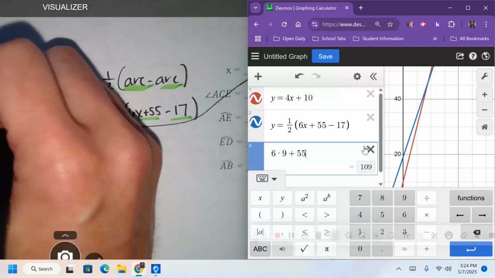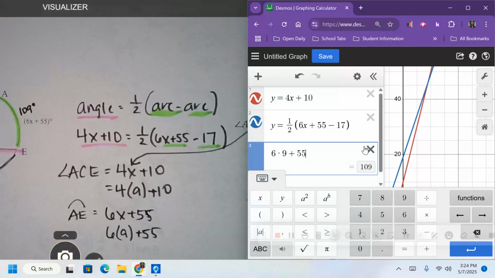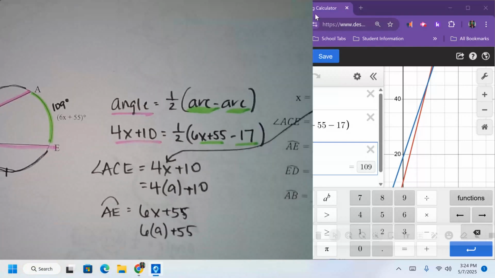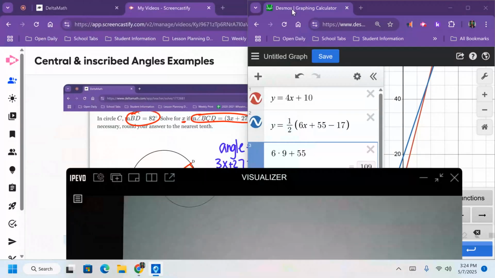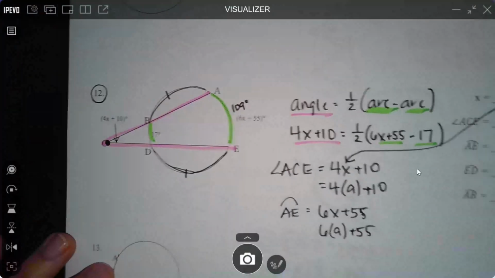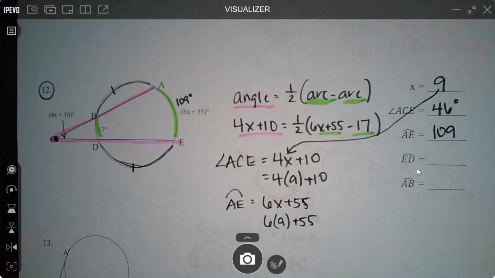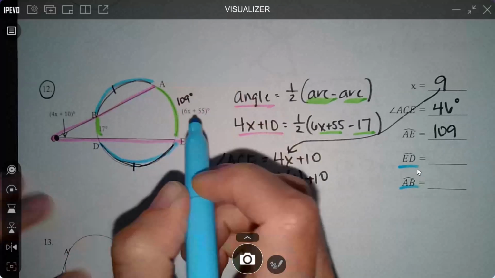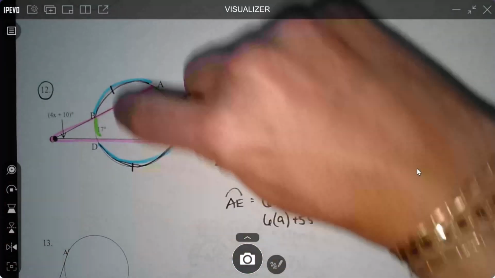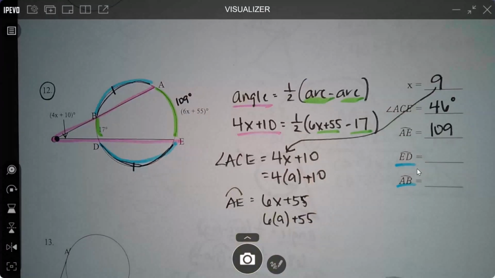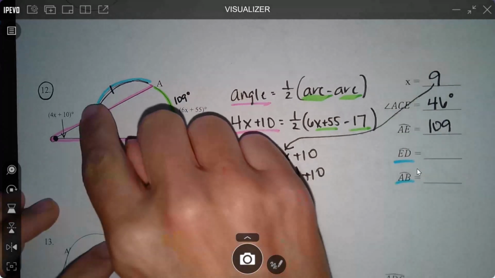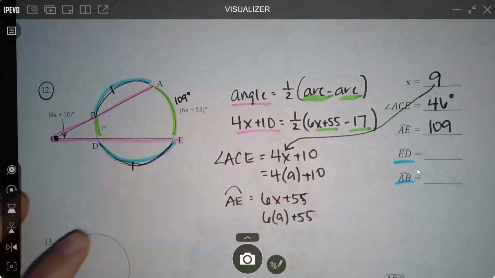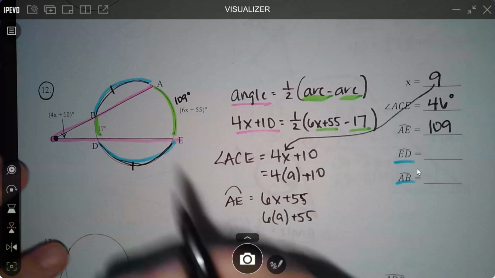I'm going to write this right there. Now the last 2, look right here. They want ED and AB. Remember what we said, these marks were left off, so make sure you have added them. Those 2 are congruent. All the blue and all the green arcs total make up the whole circle.